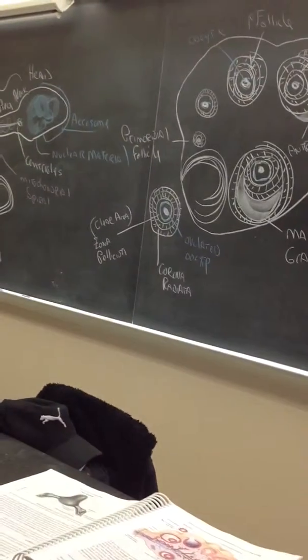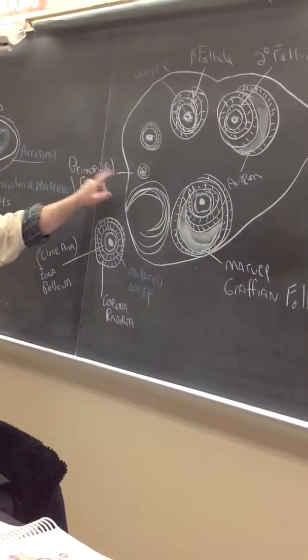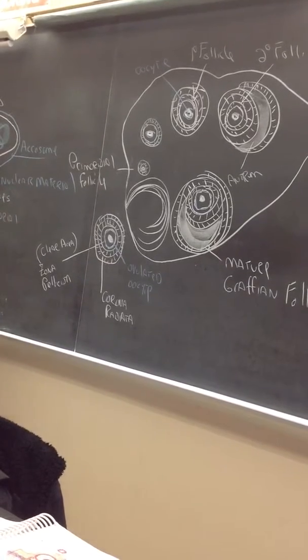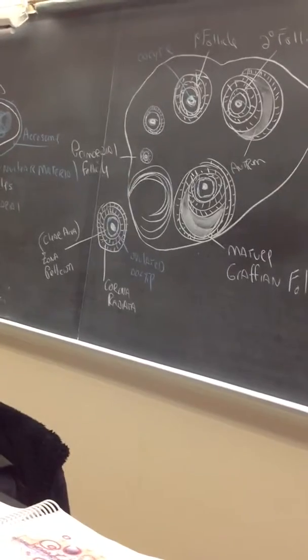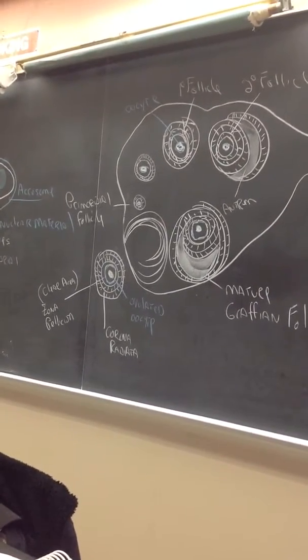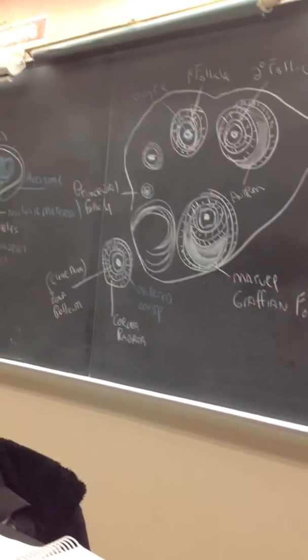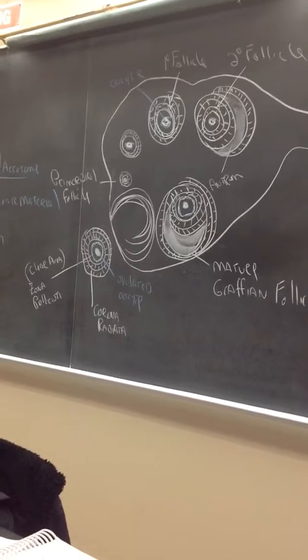Ladies, you develop all of your oocytes and all of your primordial follicles in utero when you are a fetus. You develop millions of them. But by the time you reach puberty, only about 400,000 are left.